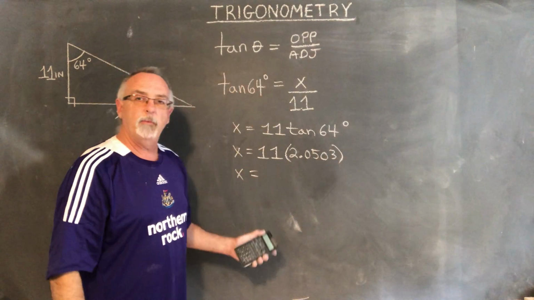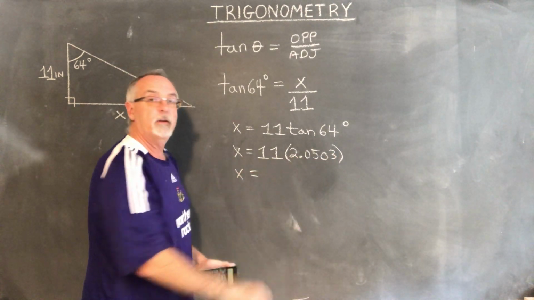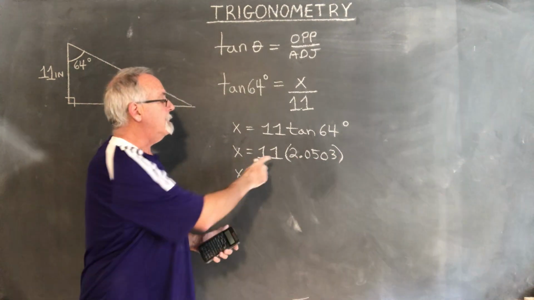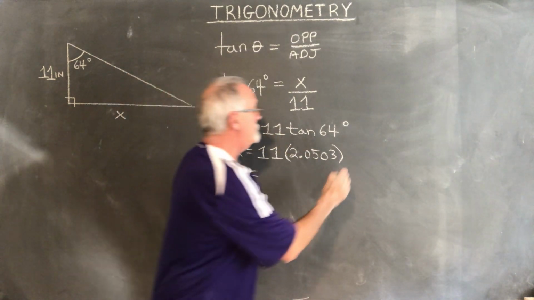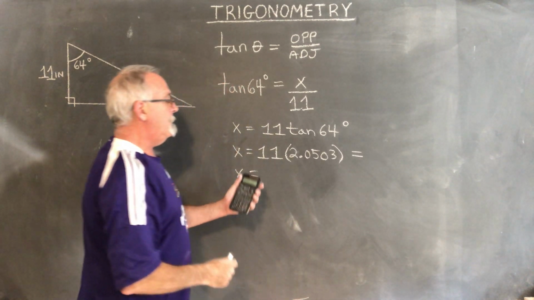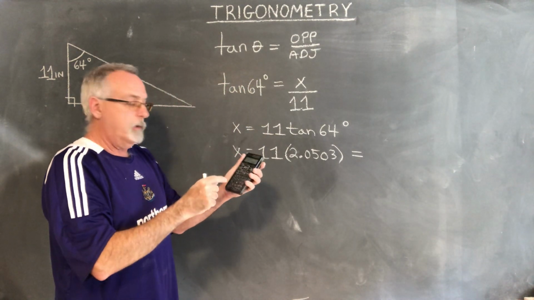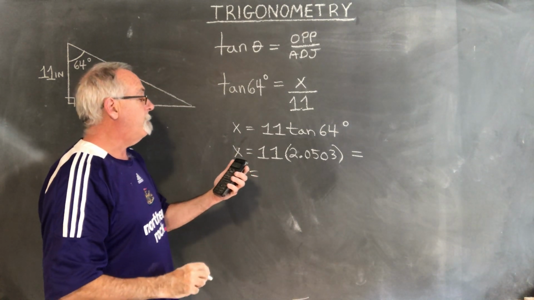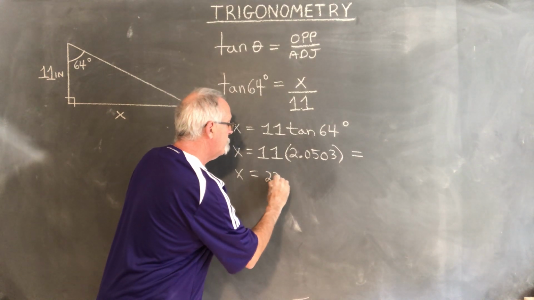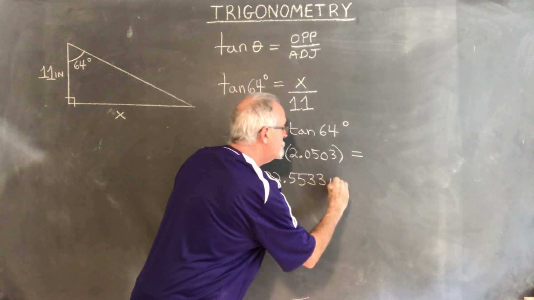Okay, let's experiment with this. Do I clear and actually do 11 times 2.0503, or do I just do 11 times this whole decimal that's sitting there in the calculator? Let's do it both ways. If I keep the whole decimal in the calculator, I just have to do times 11 right now. Times 11 equals 22.5533 inches.